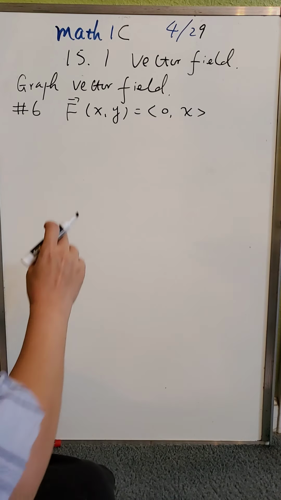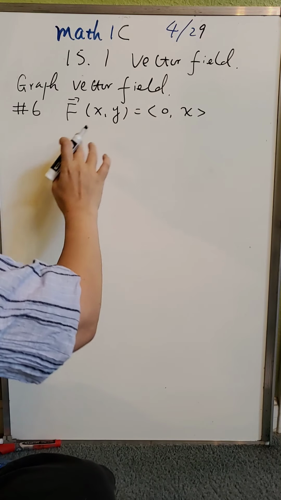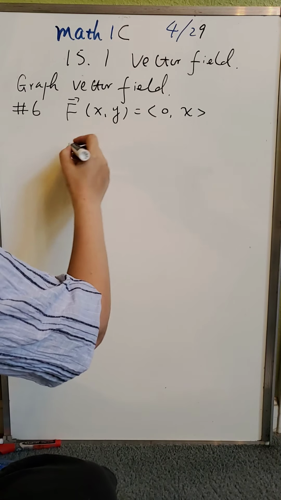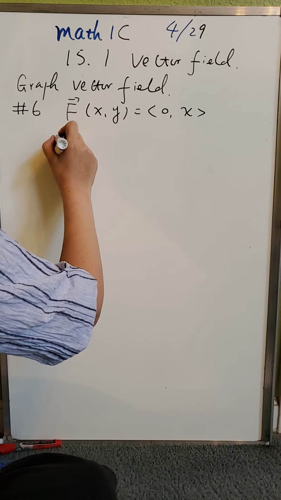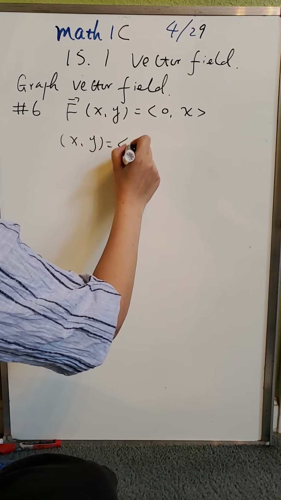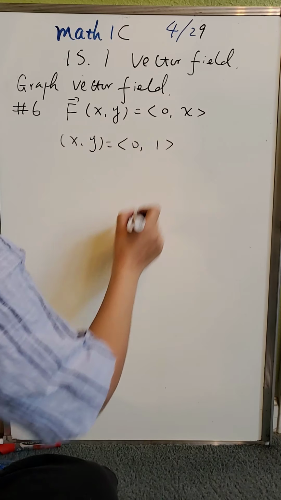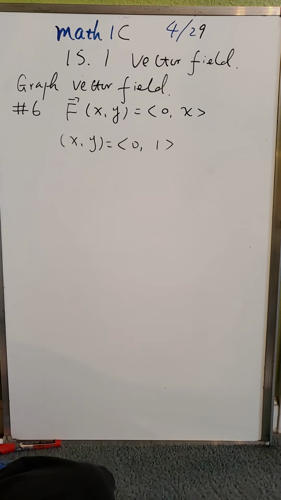Okay, so here is a vector field function, and now I'm going to show a couple of examples, picking a couple of points. I'm going to pick a very simple point. Let x, y equal 0, 1. Oh, I'm sorry.